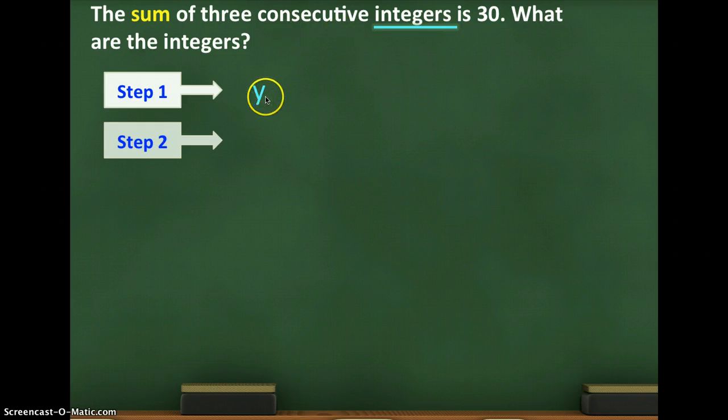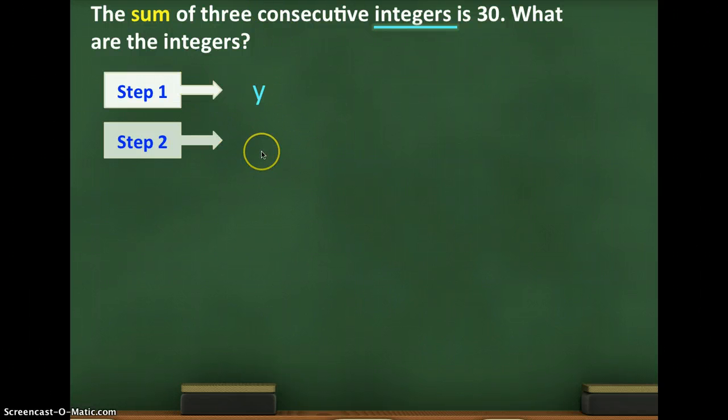So how do I represent my y? My y is my first integer. So this y is the smallest of all the three integers. So y being the first, the next integer, which is higher, should be higher by 1. So the second integer should be y plus 1. And then the third integer should be y plus 2.